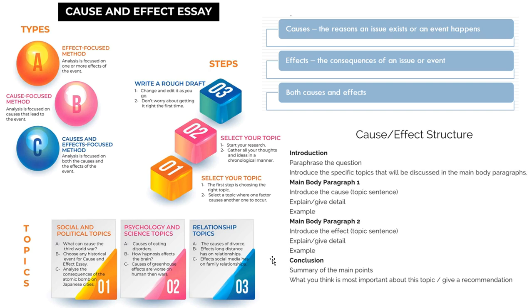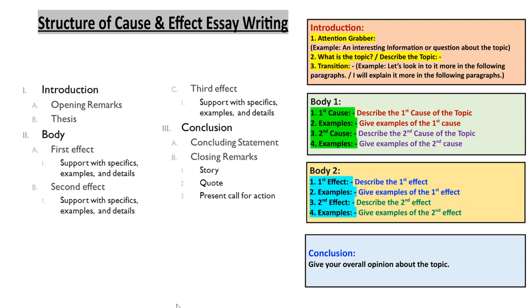Generally, when we plan to write a research paper, you know the cause and effect structure already. This is the structure of a cause and effect research paper: introduction, body, and conclusion in a deep manner.